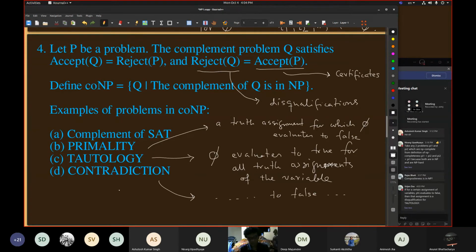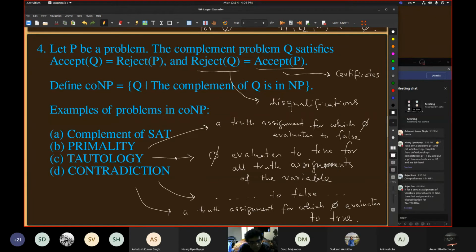That's a disqualification for contradiction. Okay. So a truth assignment for which it evaluates to true.